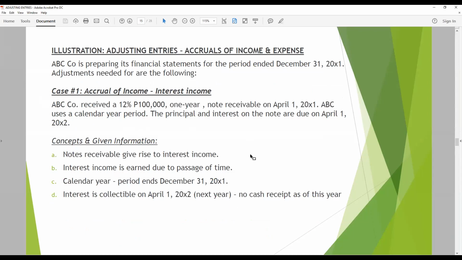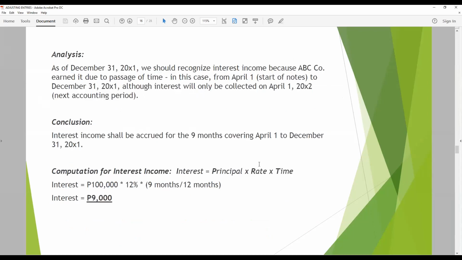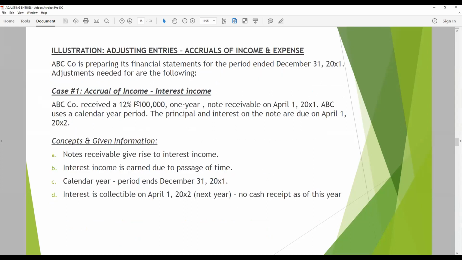Excuse me, ma'am. Paano po ulit yung nakuha yung 9,000? Yan. 9,000 ang interest nyo. Ang computation ng interest is principal times rate times time. Principal nyo magkano given sa information, 100,000 yung principal nyo. And then ang rate nyo is 12%.